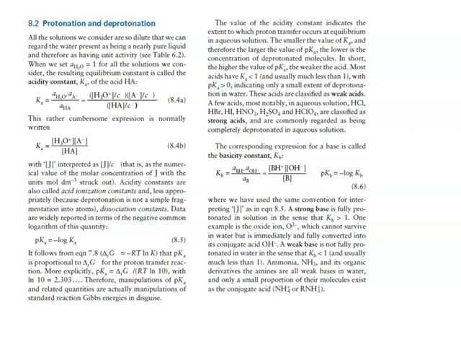So K sub A equals the activity of hydronium times the activity of the conjugate base over the activity of the weak acid. Now, we can adjust this to be the concentration of hydronium over C times the concentration of the conjugate base over C divided by the concentration of the weak acid over C in our equilibrium process.